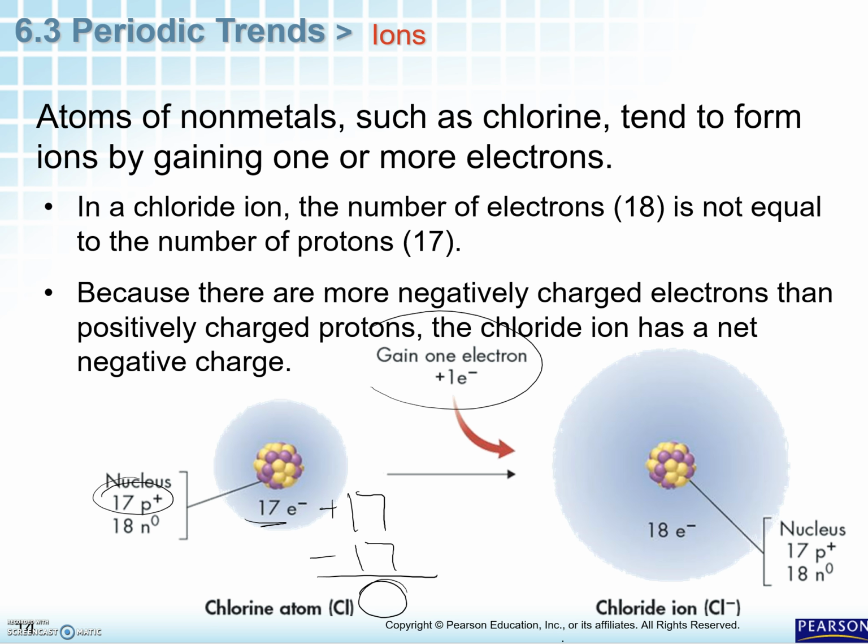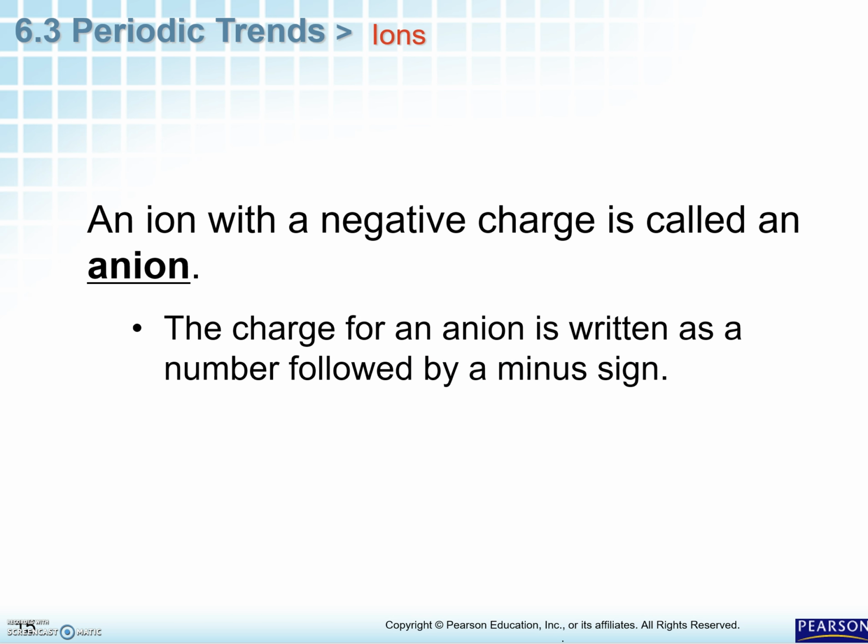Now, if you were to gain 1 electron, you would still have your 17 positives. This part is not going to change. But you start to have more negatives. So if you were to add 17 to negative 18, you would end up with a negative 1. And that's how we get that charge on chlorine.